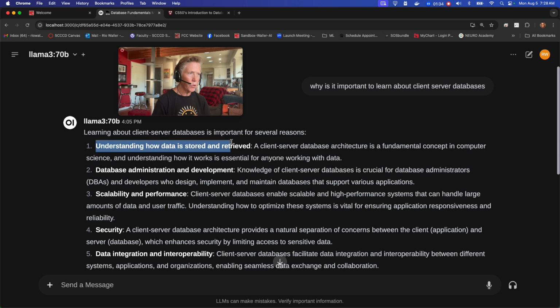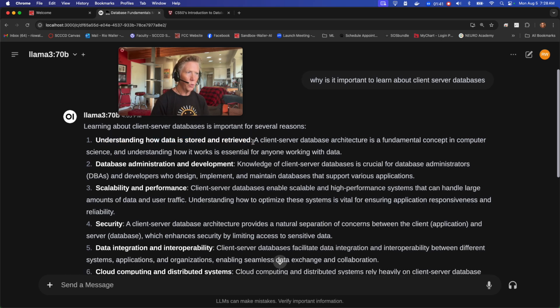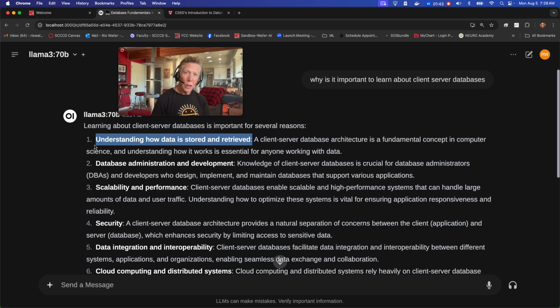The very first result from asking this question is: understand how data is stored and retrieved. That's where we begin this journey in this class, understanding those concepts. It's the entirety of what we hope you walk away with after taking this class: the ability to understand and write SQL statements to accomplish storing and retrieving data.